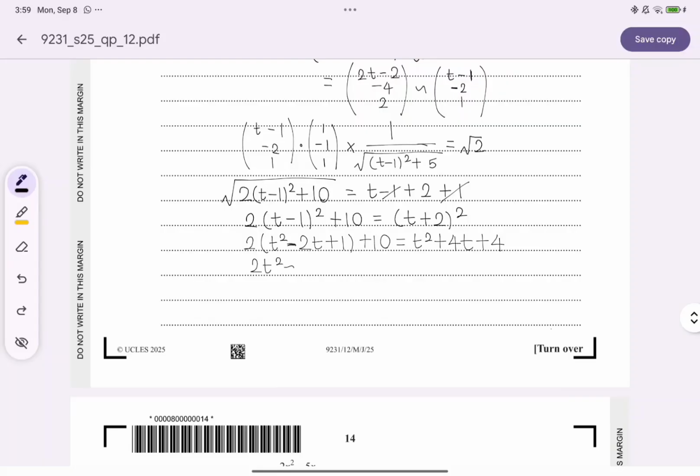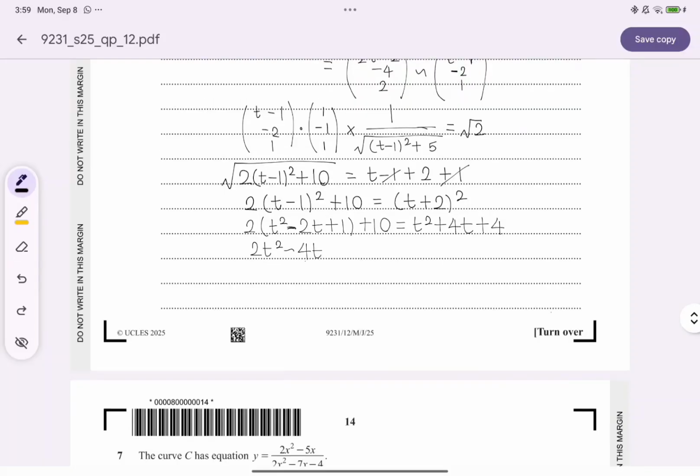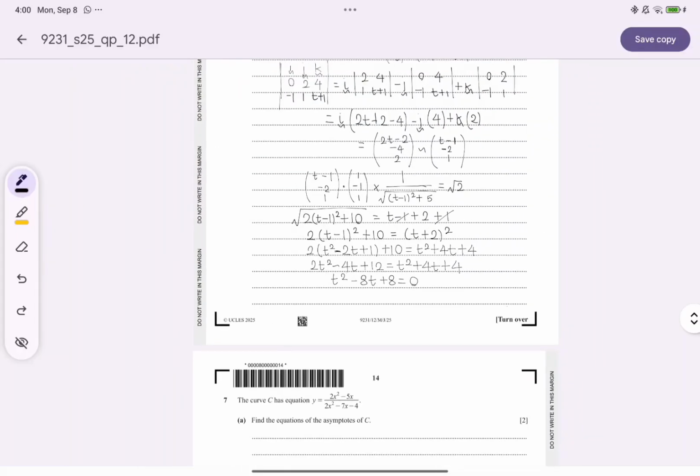Now we'll get 4T plus 2 plus 10, which is plus 12, equals T squared plus 4T plus 4. So this would give us a final equation: T squared minus 8T plus 8 equals 0.